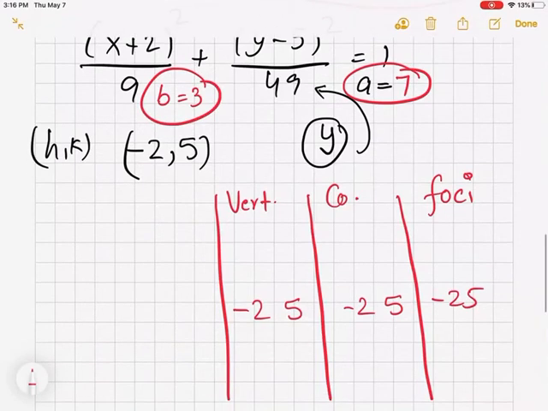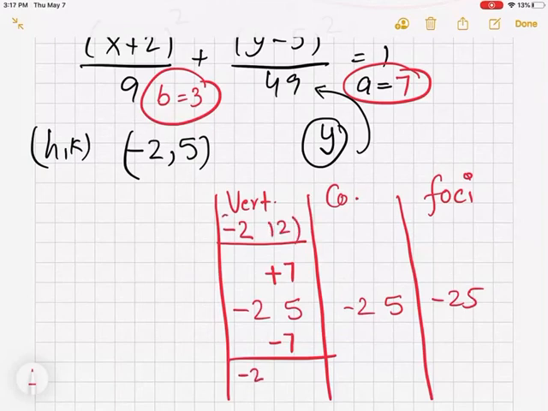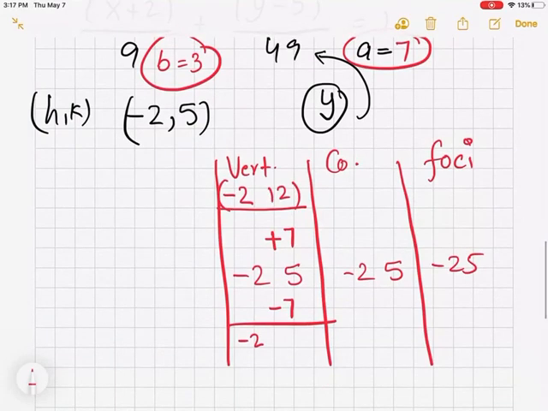So I would add 7 and subtract 7. If I add 7, that would be the number above the center point, and the x would stay the same. So 5 plus 7, 12 would be my first vertex. On the other side, 5 minus 7 is negative 2. That's going to be my second vertex.